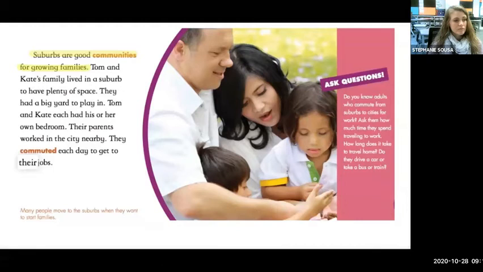What facts does the author mention about suburban communities? I noticed that the author says the family had a yard to play in. I noticed the author said Tom and Kate each had his or her own bedroom.